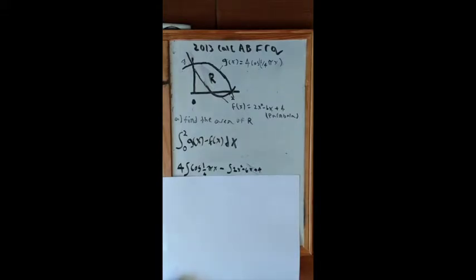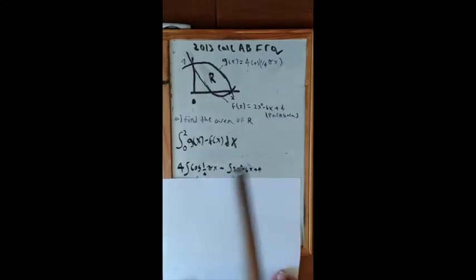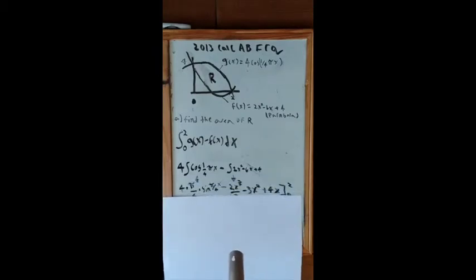So the next step of part A, since it's a non-calculator version, you would have to manually do the integral. You can split it up into two parts, the integral of g of x minus the integral of f of x. Here's the work for that.